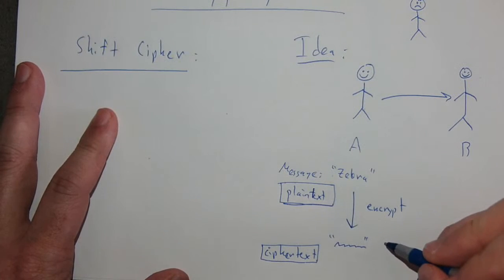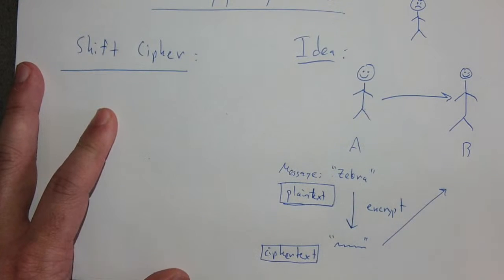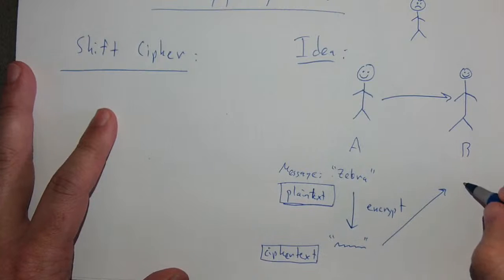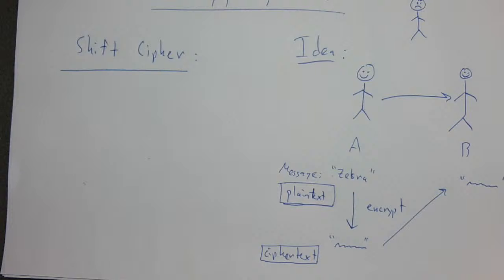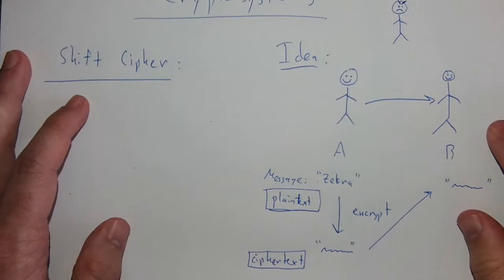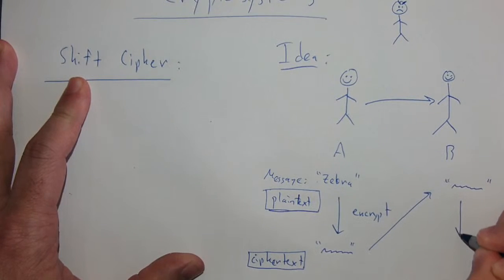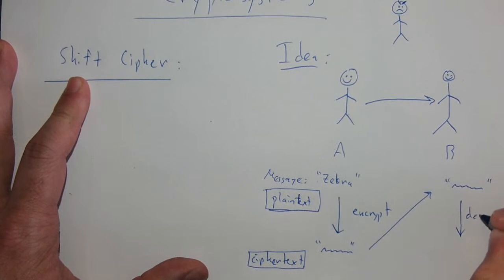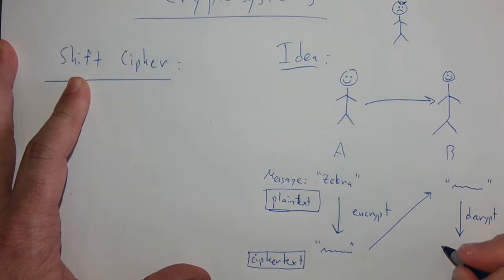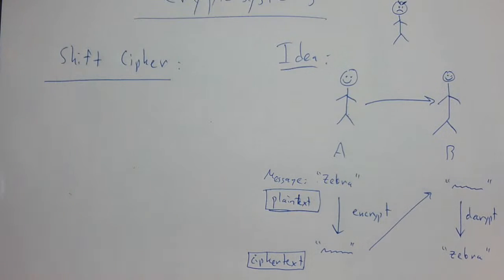I send my cipher text to person B. So person B has cipher text, and in order to read it, they decrypt the message to turn it back into the plain text, say Zebra.